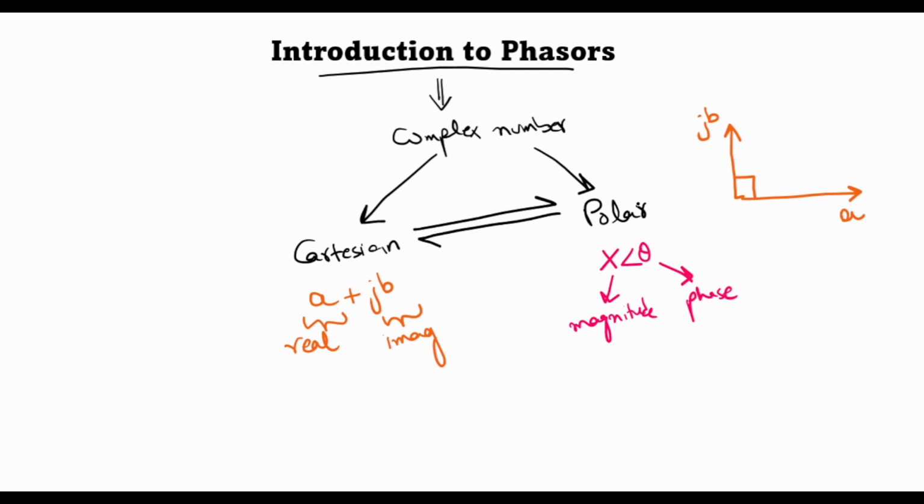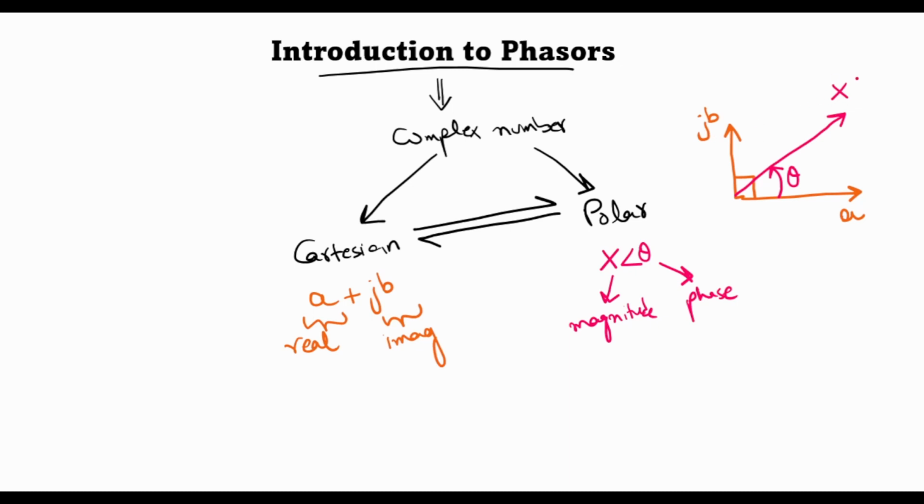and the polar domain. Now if a is the base and j times b is the height, then the magnitude x is the hypotenuse and the angle that this vector x makes with the base is the phase theta.